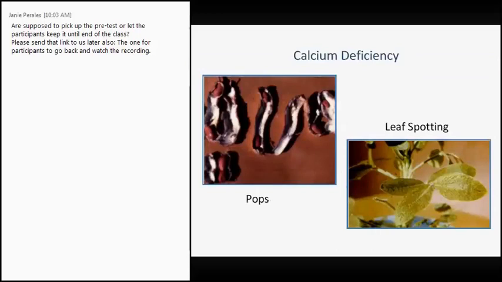So, deficiency symptoms, and looking at calcium. In peanuts, we get a deficiency called pops. The peanut itself does not form very well, and the hull will actually pop open. So we've got big problems from a peanut standpoint.